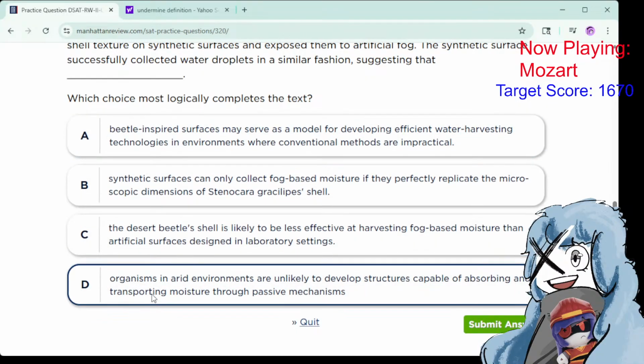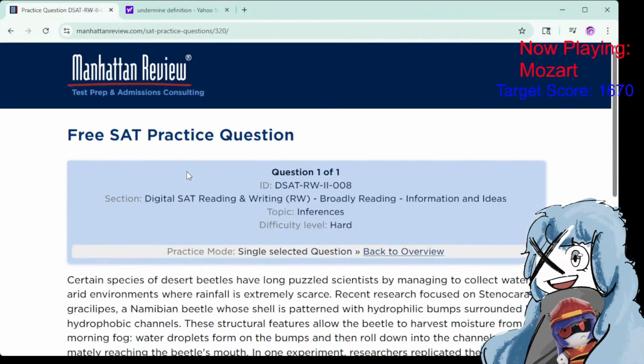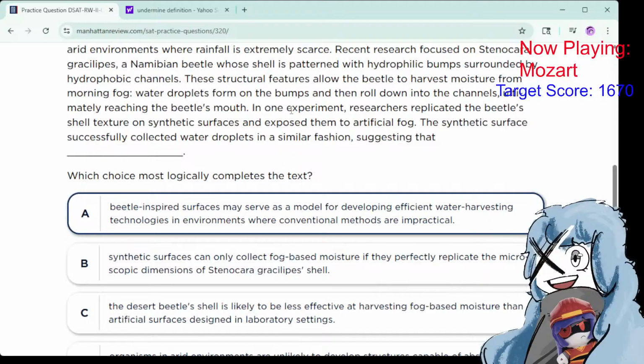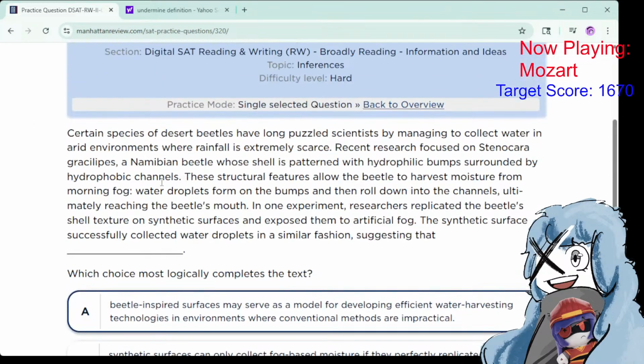Was it A or D? I hate this one. Ultimately reaching the beetle's mouth. Look at it, the whole part is about the beetle.